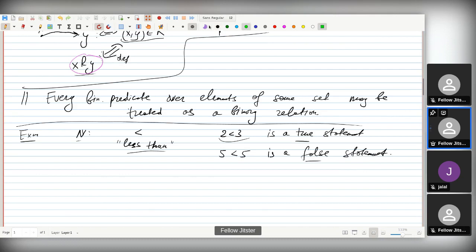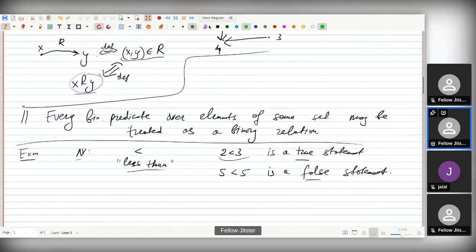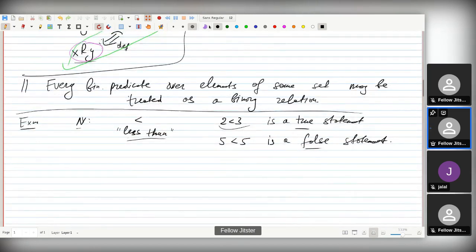Yes. But according to this notation, we can reinterpret it in terms of binary relations. We may say that x less than y means that the pair x, y of natural numbers belongs to this binary relation less than. We can identify the predicate with the binary relation.